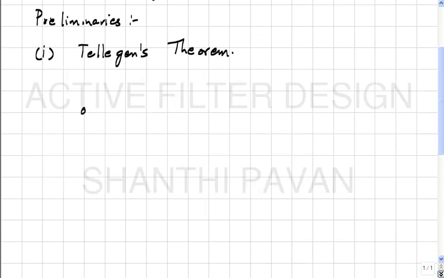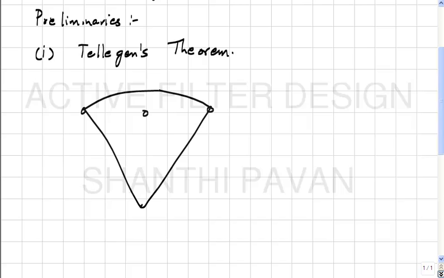So let me take an example of a network, the usual stuff drawn in the textbooks. The network has nodes numbered 1, 2, 3, and 4. I can choose any one of my nodes as the reference with respect to which all other node potentials are measured. Okay.